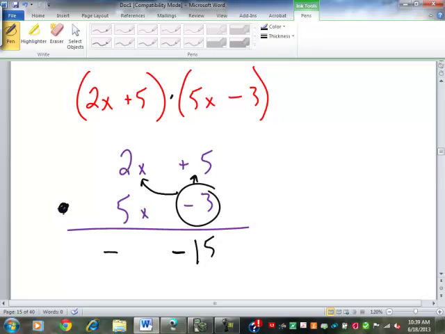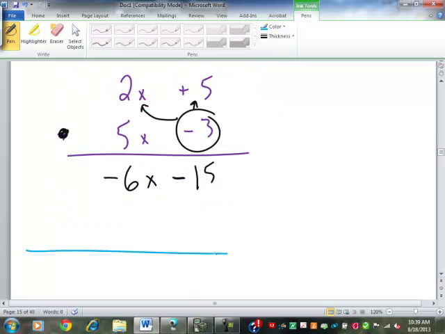Negative 3 times 2 is negative 6. That's just going to stay x. So now we've done everything we can with the negative 3. What do we have to make sure we do down here before we move over? Well, we put in a space here, or put a plus 0 in that spot, so we move over a spot. Now we can do the 5x.